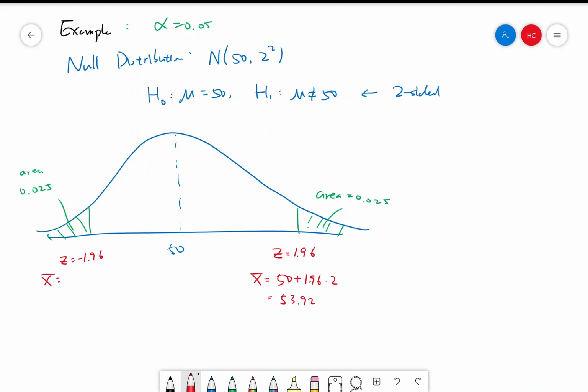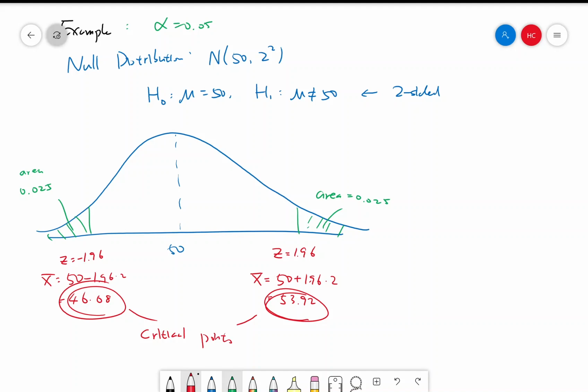And the other one is 50 minus 1.96 times 2, which is 46.08. So these two numbers are our critical points. And the rejection region is x bar greater than or equal to 53.92 or x bar less than or equal to 46.08.